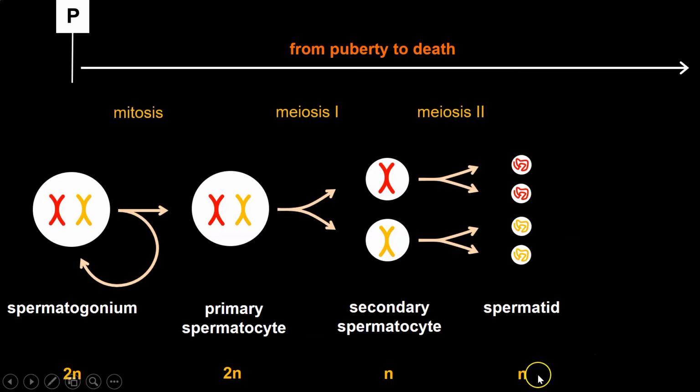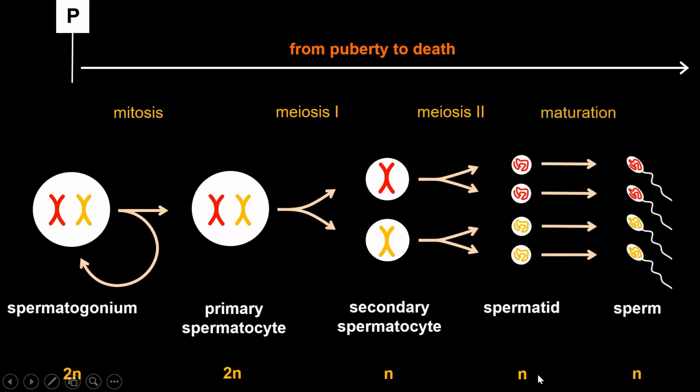They, of course, are also haploid. The spermatids mature, and there's a special name for that maturation process, but we're not going to worry about it. But they grow long whippy tails, and now we have 4 sperm, and of course the sperm are haploid.